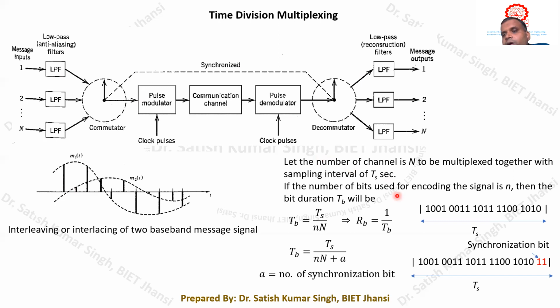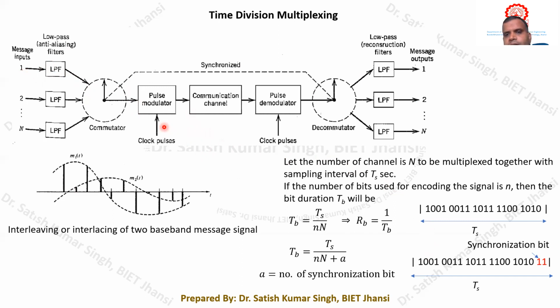Let us suppose that n equals 4, meaning each sample is going to be encoded by 4 bits, because we might have taken the number of quantization levels equal to 16. So 2 to the power 4 gives you 16. If we have 16 quantization levels, obviously the number of bits required for encoding is 4.